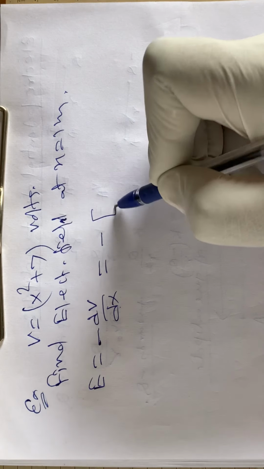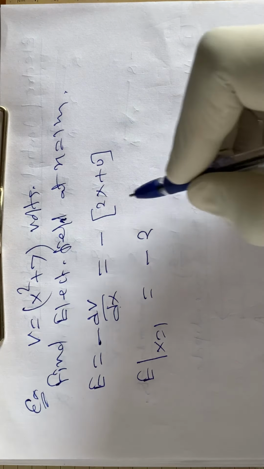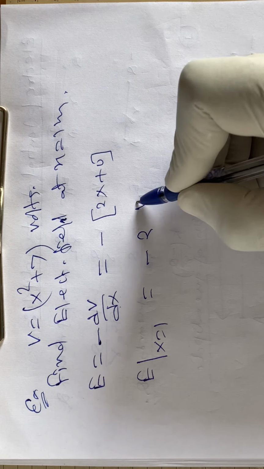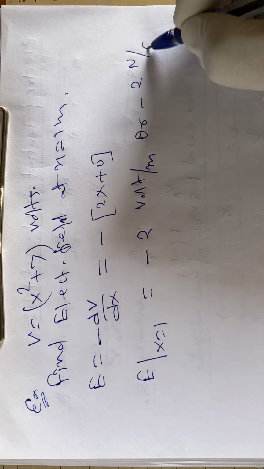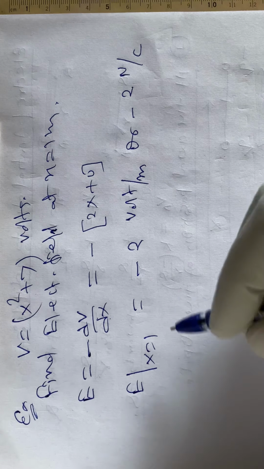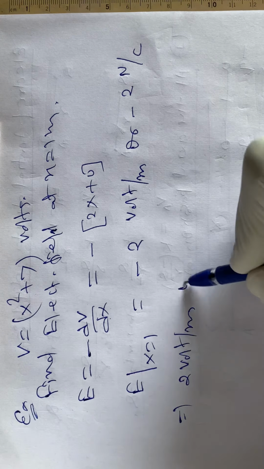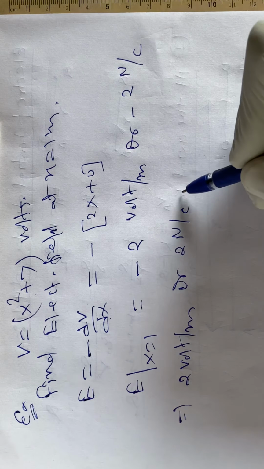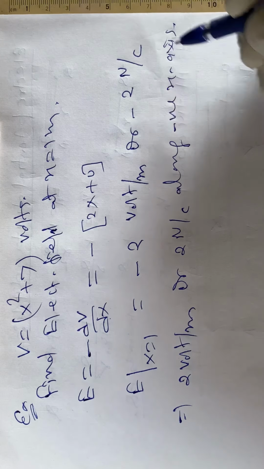E is equal to minus dV upon dx, which is minus of (2x plus 0). Now we want the electric field at x equal to 1 meter, so that's minus 2 volt per meter, or minus 2 Newton per coulomb. You can also say that the electric field is 2 volt per meter or 2 Newton per coulomb along the negative x-axis.